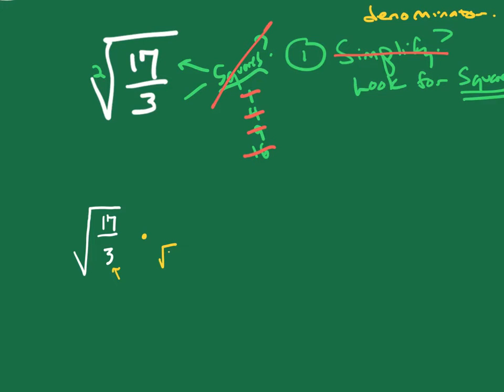So we're going to multiply the square root of 3 on both top and bottom. And again, we're going to do that when it's a square root. When it's a cube root, we'll do something slightly different. But we'll continue on with this. So square root of 3 times square root of 3 on bottom, that gives us a square root of 9. Square root of 17 times square root of 3 on top gives us a square root of 51.